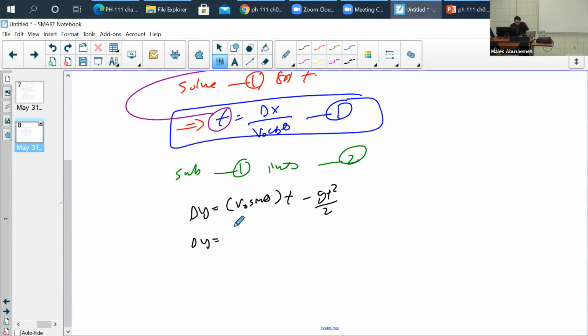So your delta y is going to equal your v naught sine theta, and instead of t, we put delta x over v naught cosine theta, minus g delta x squared divided by, since that's squared, 2 v naught squared cosine squared theta.